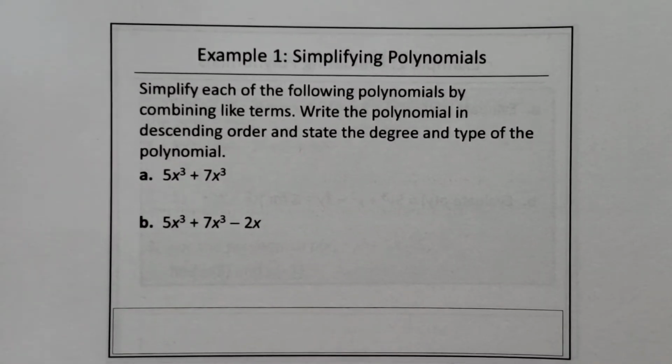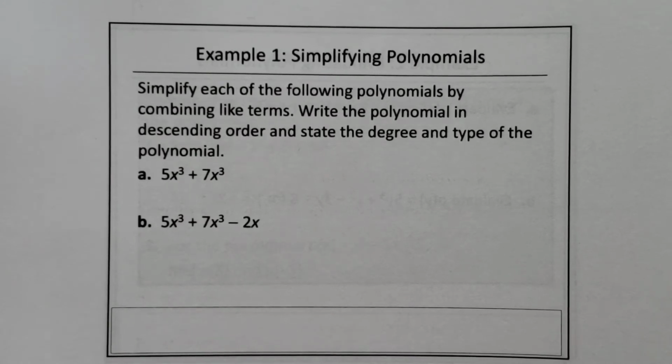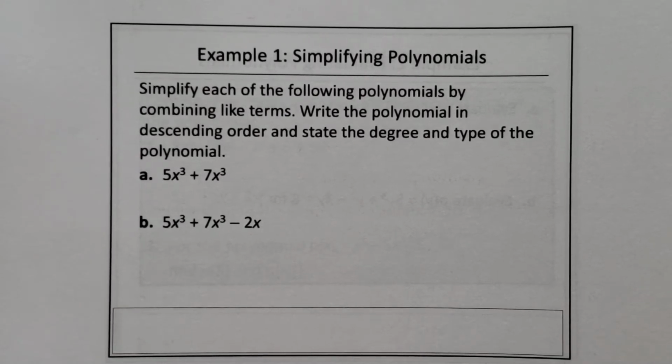So we're going to simplify each of the following polynomials by combining like terms. We're going to write the polynomial in descending order according to their exponents, and we're going to state the degree and the type of the polynomial. So, letter A. Since the exponents and the variables are exactly the same, then those two terms are like terms, and so we can add the coefficients.